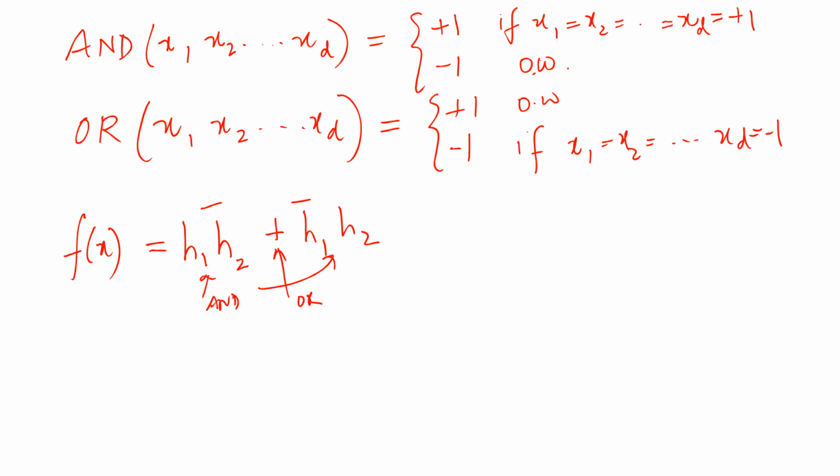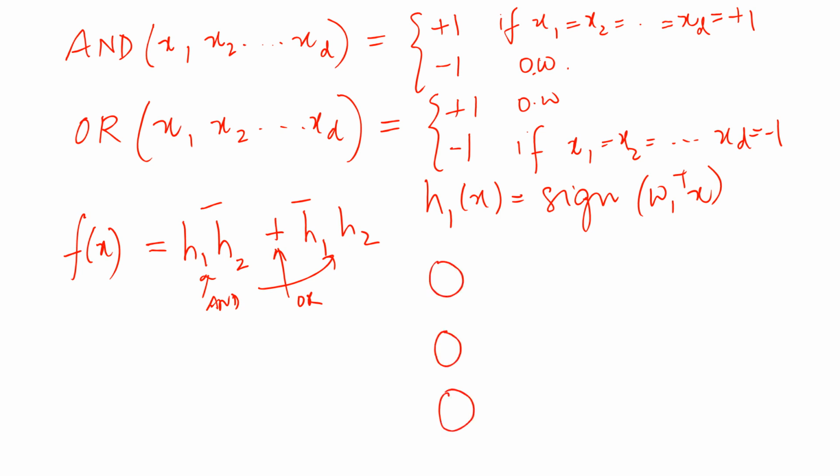So for instance, for h1, which if you remember is simply h1 of x is the sign of w1 transpose x. And one way to write this is, let me show you. We have these nodes that represent my input, which is going to be x1, x2, and then the augmented one.